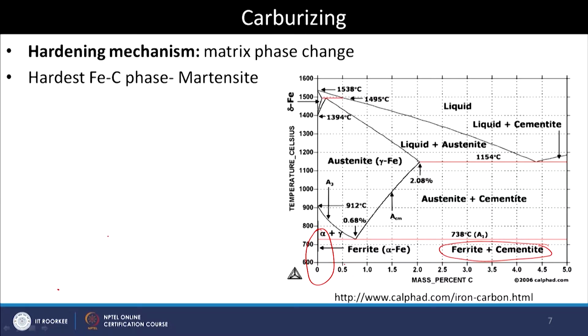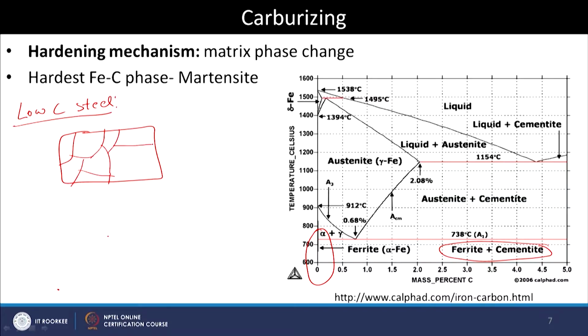Now, for example, if we have a low carbon steel component having a certain microstructure, it will be largely ferrite plus a small amount of pearlite.